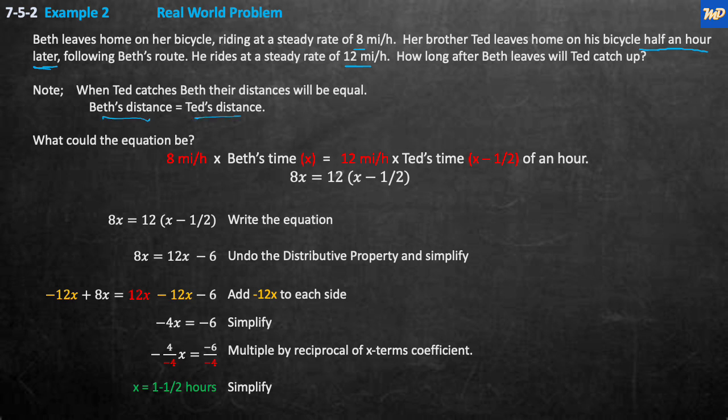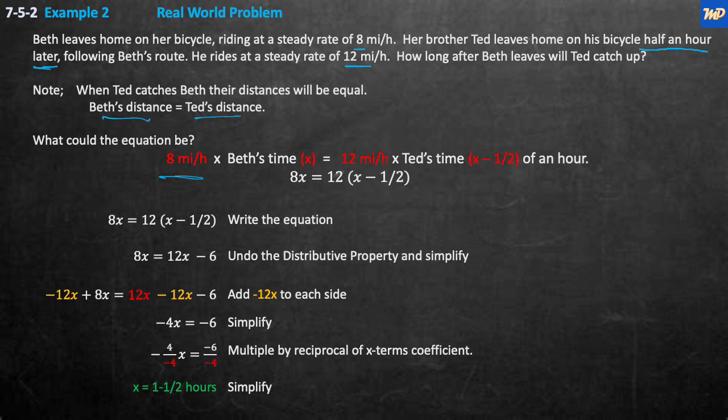So what could the equation be? Well, we could say that 8 miles per hour, which is Beth, times the time she's pedaling is x. We don't know how much time that is, but it's some value that we're looking for. If we know her time, we can also know what Ted's time was.